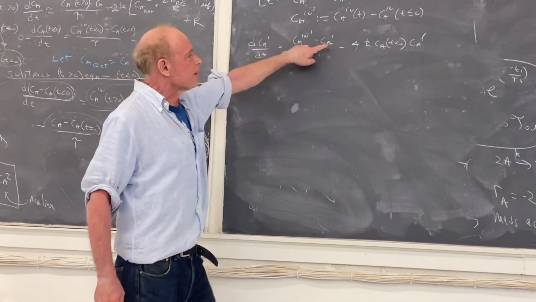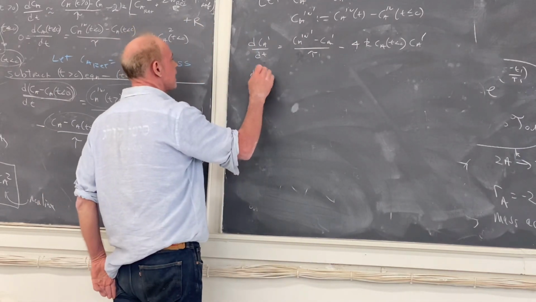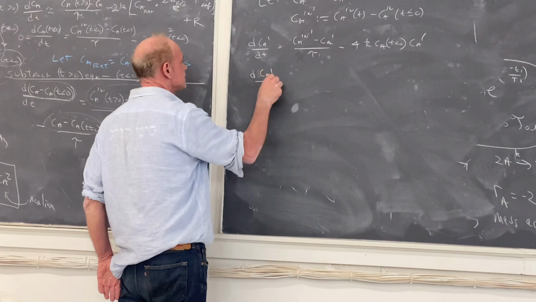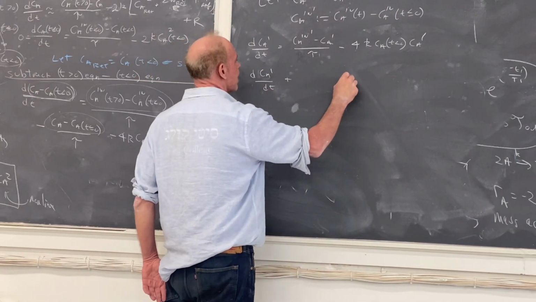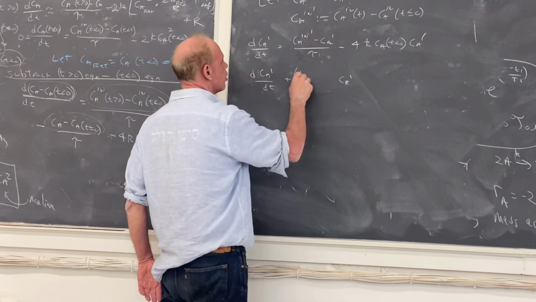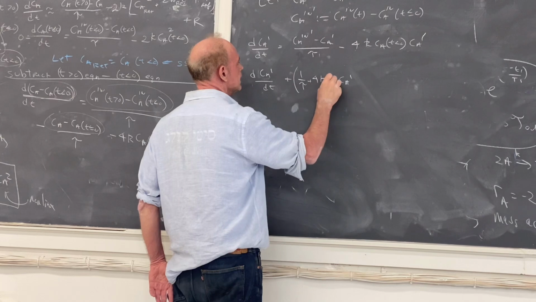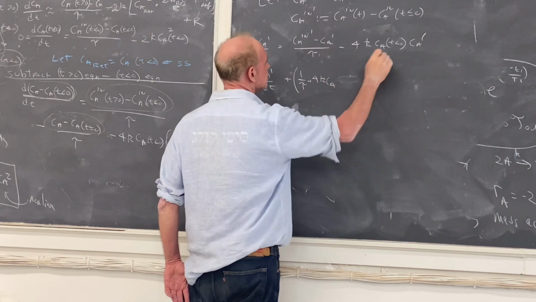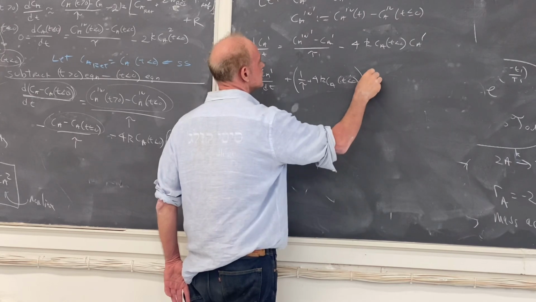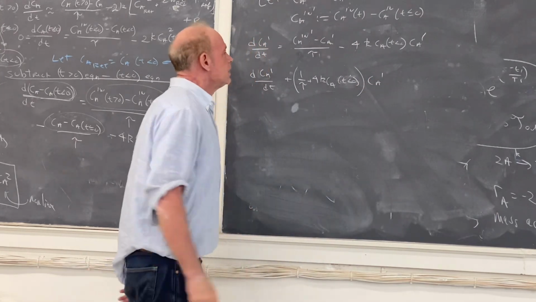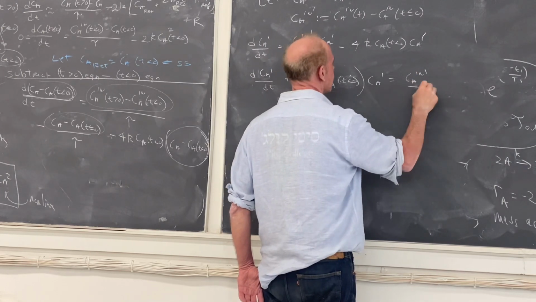We've got the CA prime here and the CA prime here. So I can rewrite this as dCA prime/dt plus CA prime times (1 over tau, this term, plus 4k CA at t less than 0) is equal to CA in prime over tau.